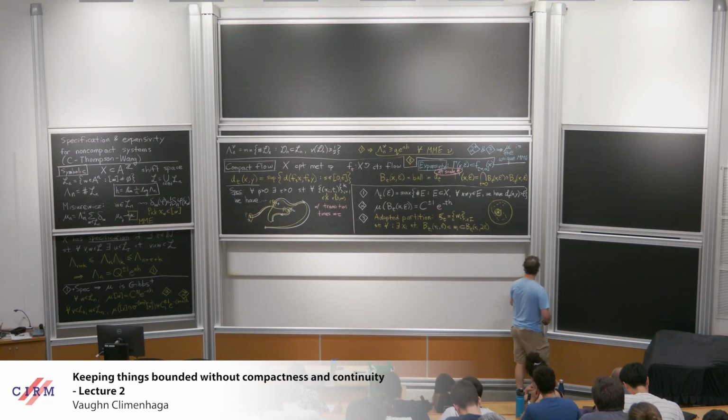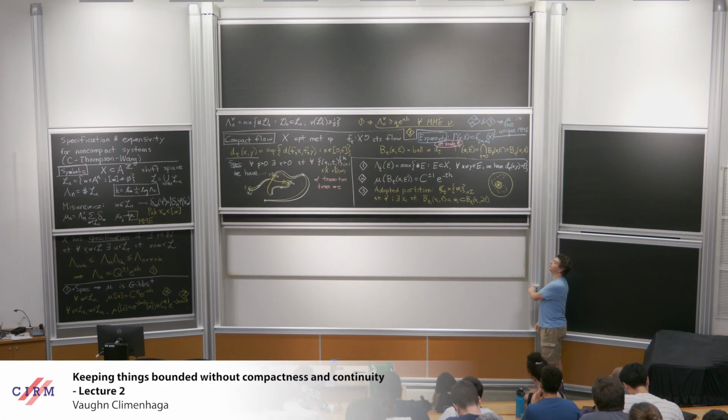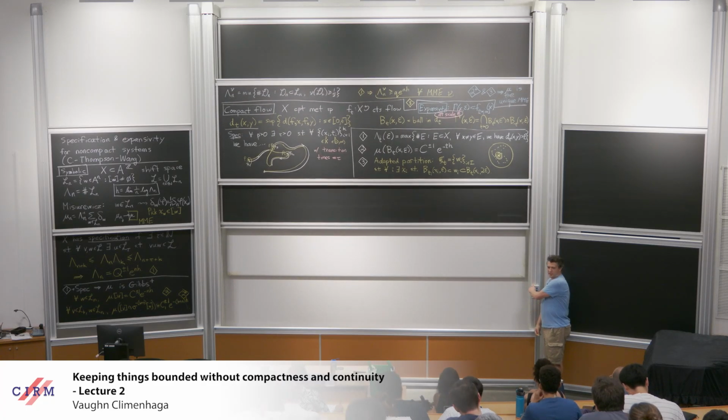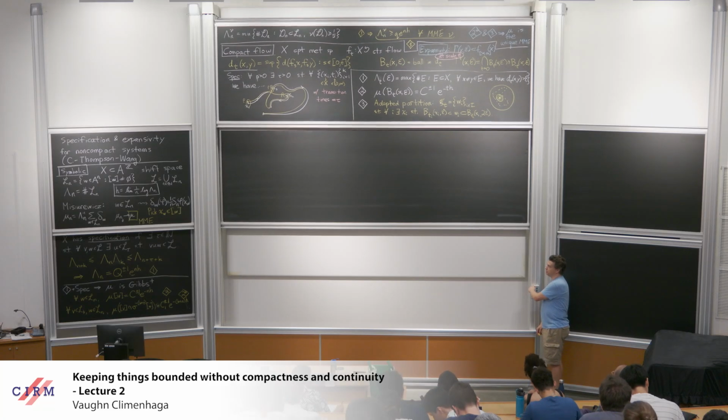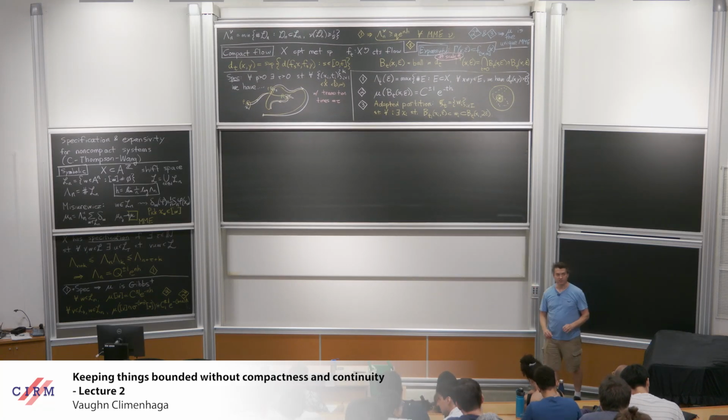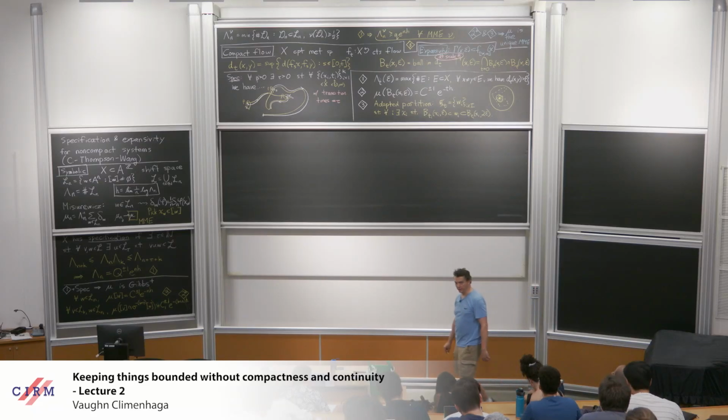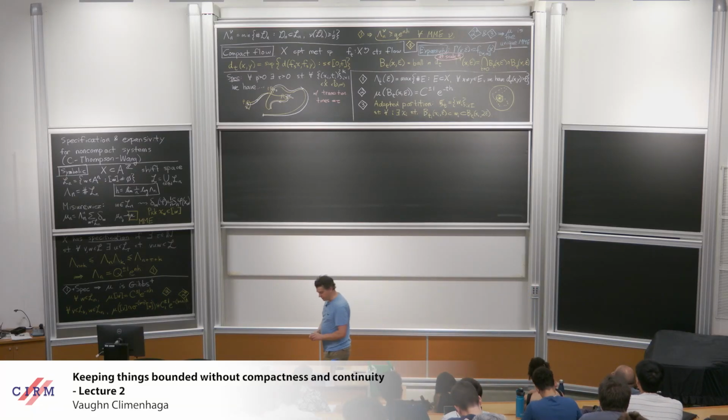So this is sort of an annoyingly technical condition which generally I wouldn't bother bringing up, except that it actually will play an important role when I describe the challenges that one is faced with in the non-compact setting.